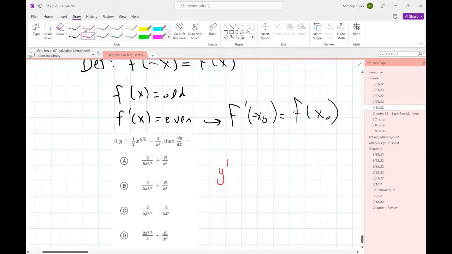So y prime is going to be 1/2 times the exponent, x to the exponent minus 1. And then I'm going to think about this piece as minus 3x to the negative 5th.